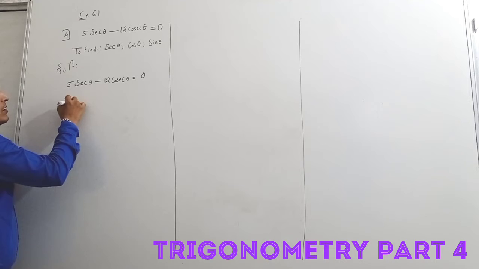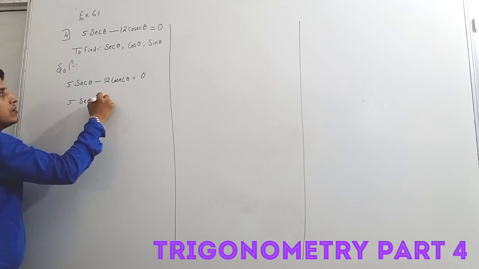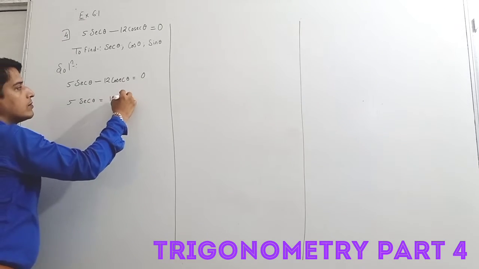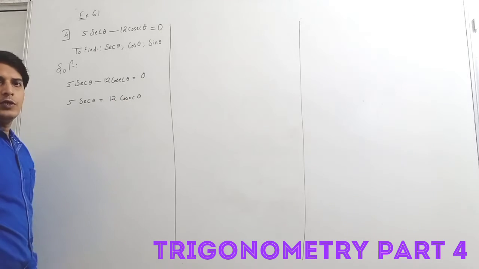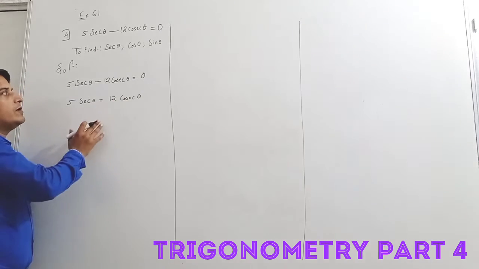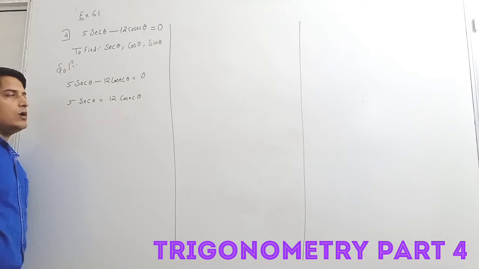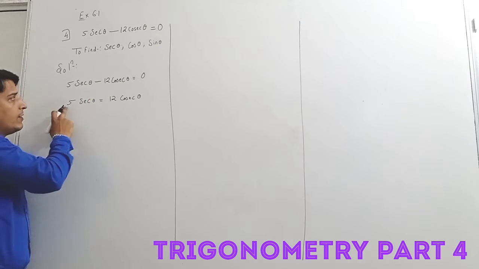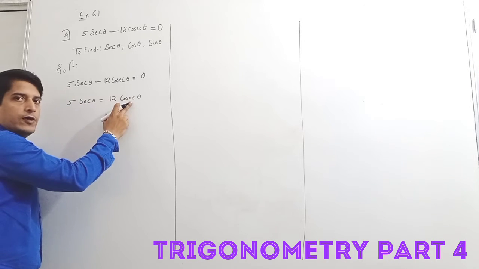So I can say 5 sec theta equals 12 cosec theta. What we did is take this negative to the opposite side and it became positive. Now, in this we can see 5 is multiplied by sec and 12 is multiplied by cosec.